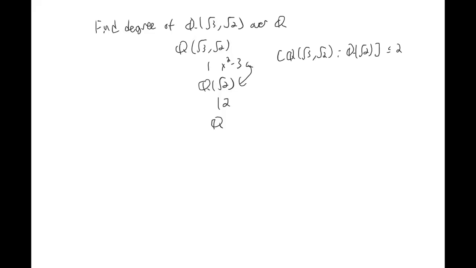So it's going to be either 2 or 1. Does everyone agree? Because the polynomial of root 3 is degree 2, it's either reducible, in which case the degree is 1, or it's irreducible over Q adjoining root 2, so the degree is 2.